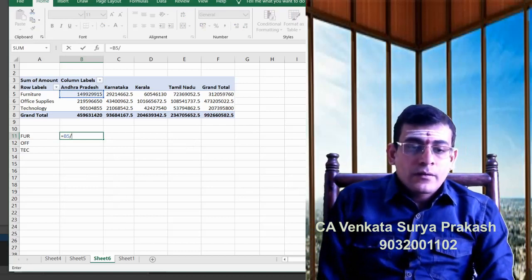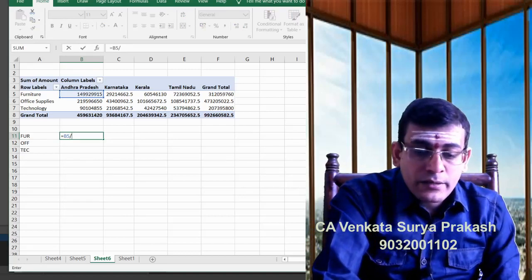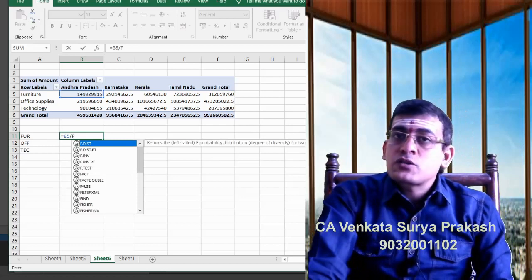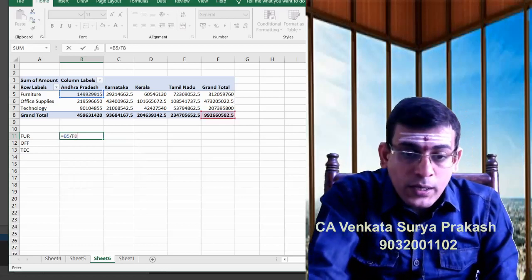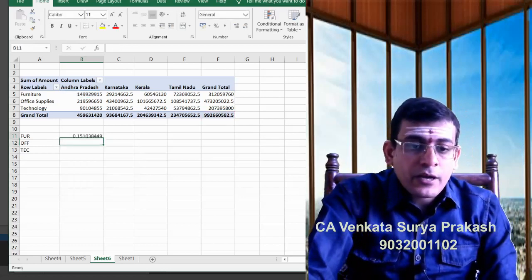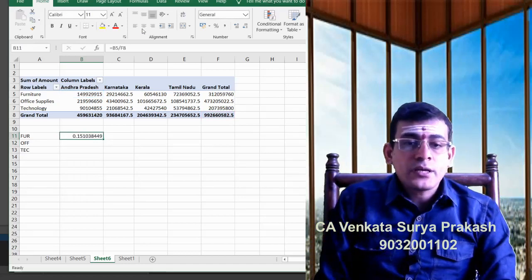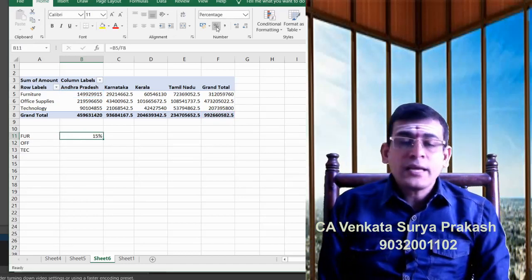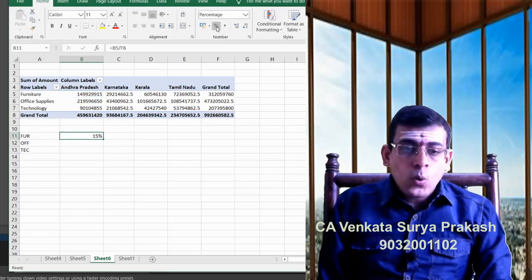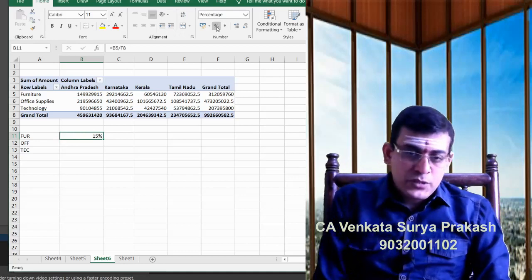See, my total revenue is 992 lakhs. Of my total revenue, AP furniture business is giving me only 15%. I am getting only 15% from my furniture business.